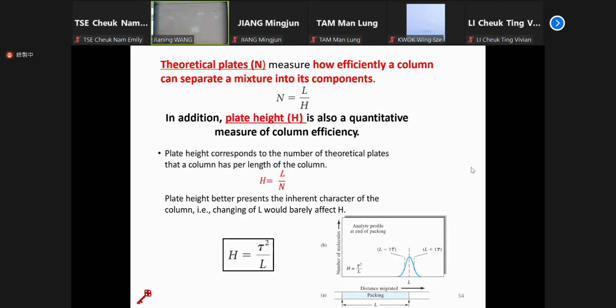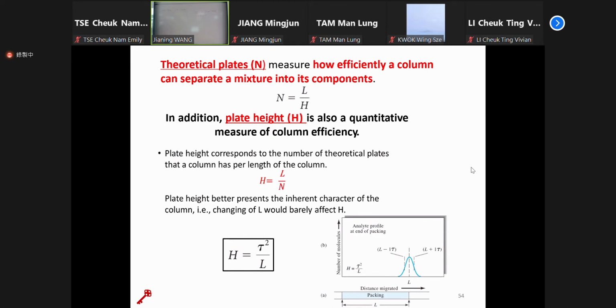But we do not treat it from base point to base point. We still use the Gaussian distribution.